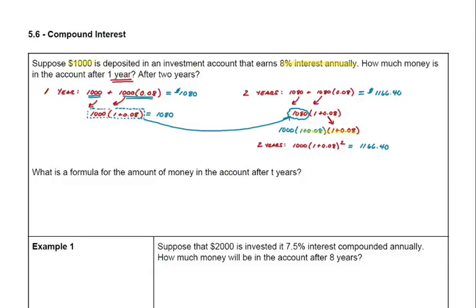Now look at the way that formula is written. 1,000 would be my original investment before any interest is calculated. 0.08, which is on the inside of that quantity, is actually my interest rate, and 2, the exponent, is the number of years that money's been in the account.